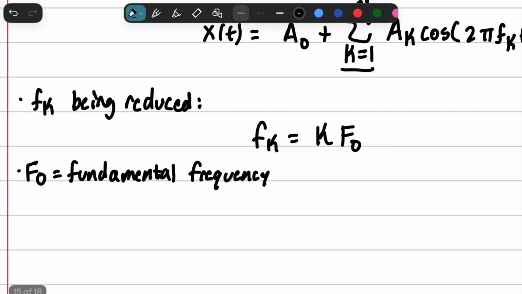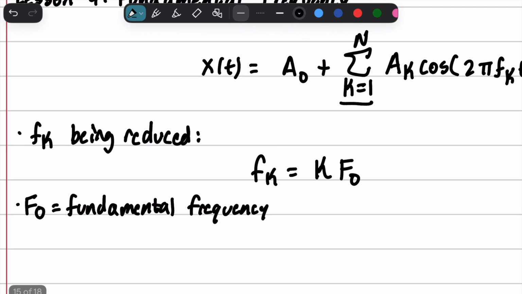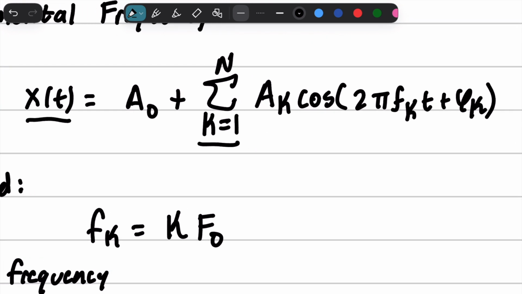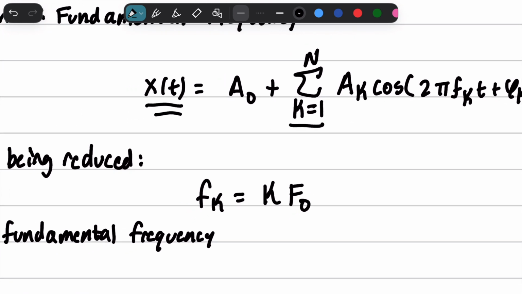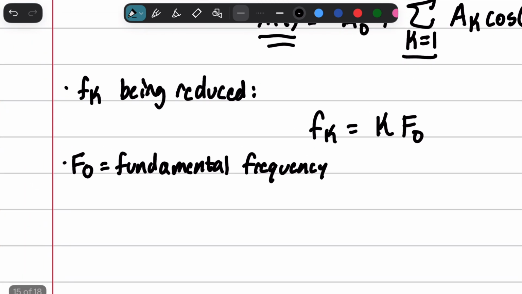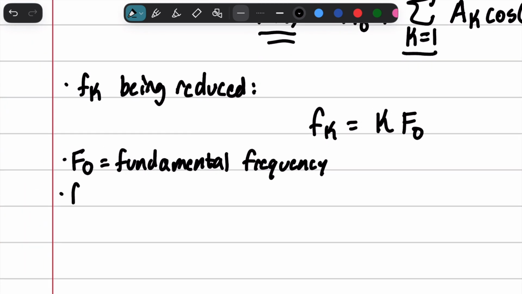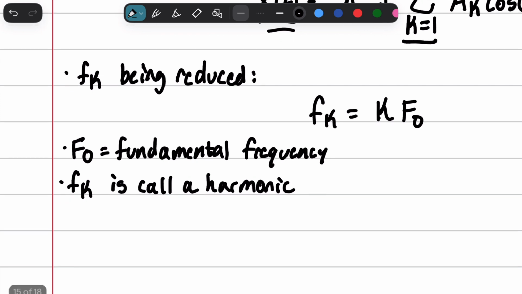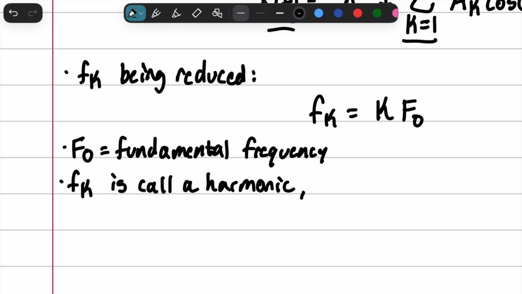So that means that there is a frequency such that every single cosine in this signal, x of t, shares this frequency. And f sub k is called a harmonic of this signal, and k shows that harmonic index.